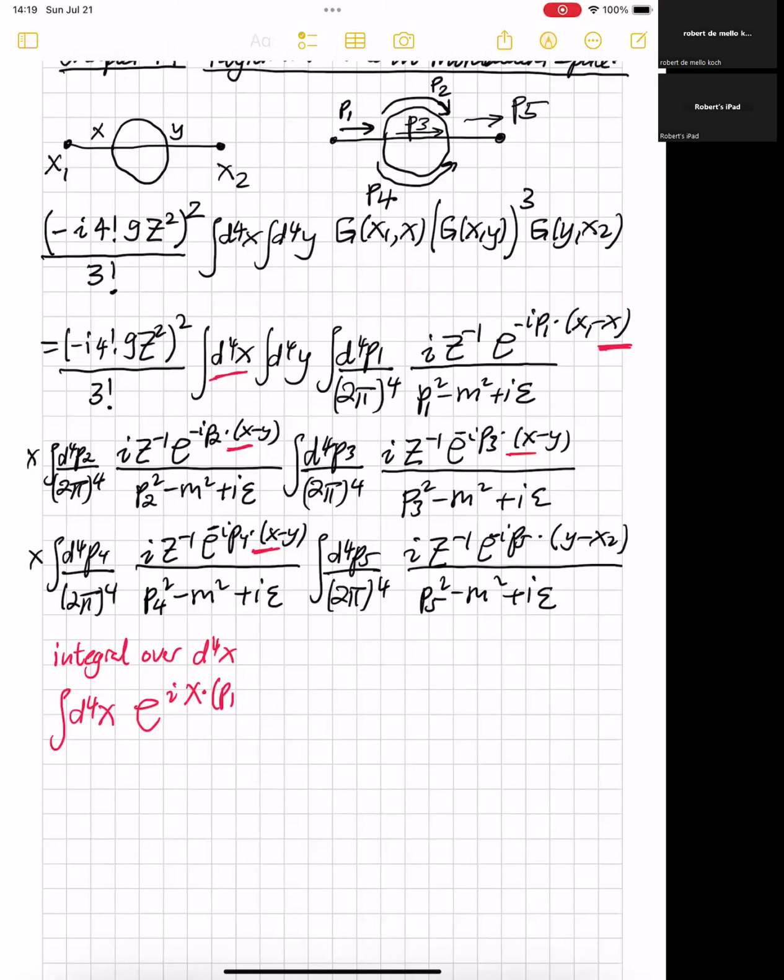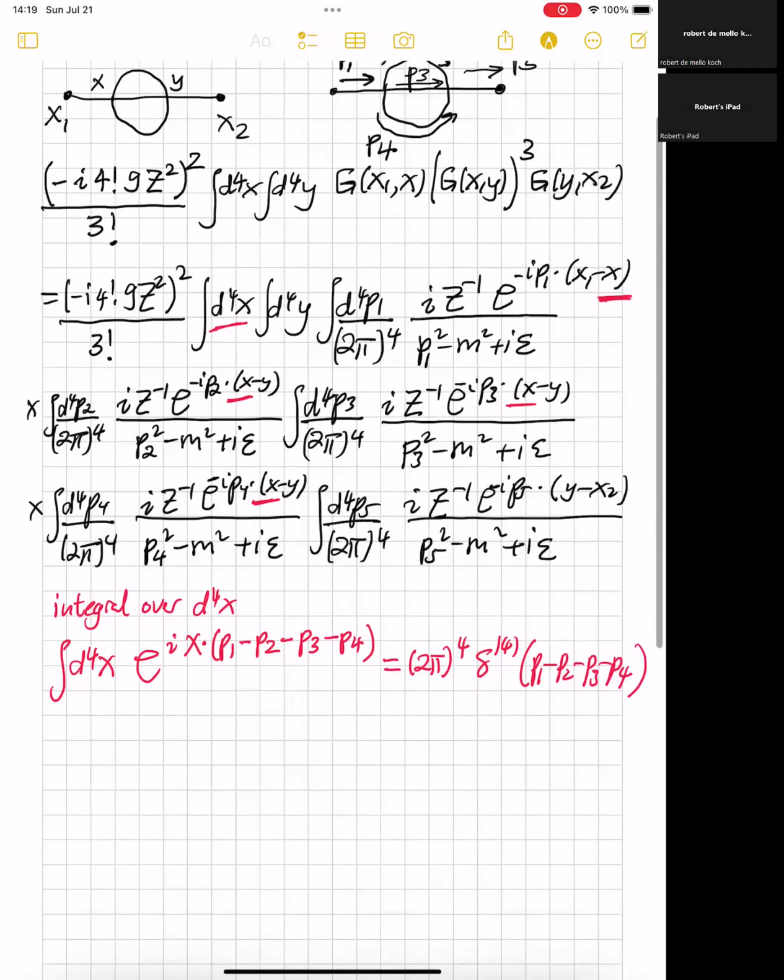From the next exponential, we've got minus P2. From the next exponential, we've got minus P3. And from the next exponential, we've got minus P4. And if we do that integral over d4x, this will give us a factor of (2π)^4. And then we'll have a delta function, delta 4, of P1 minus P2 minus P3 minus P4.